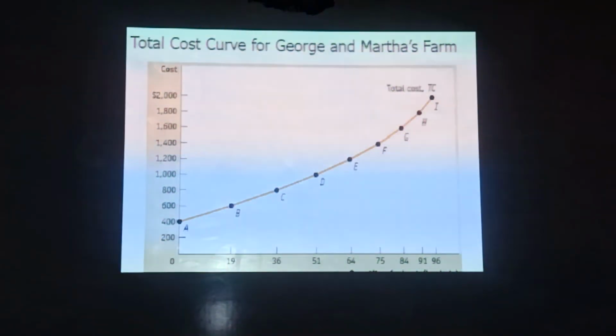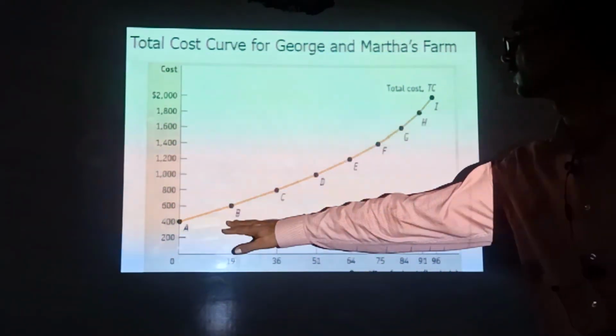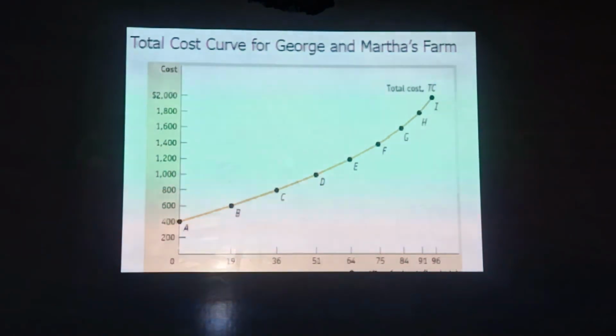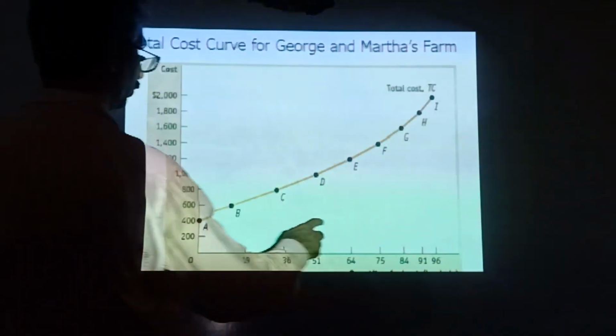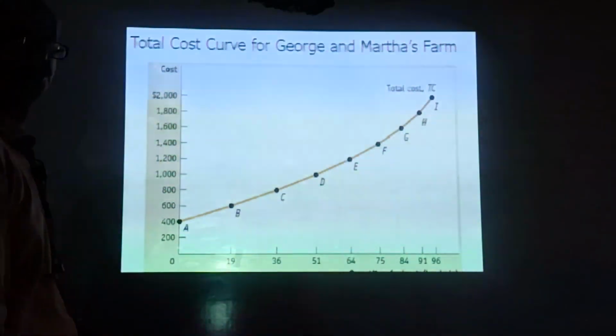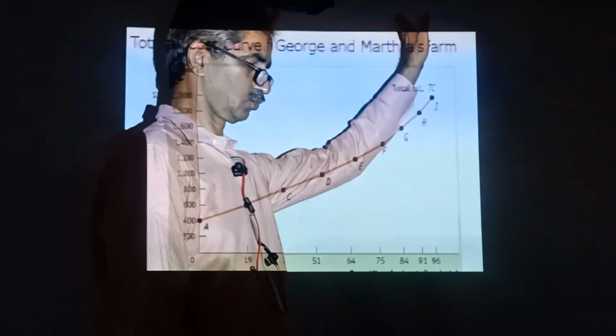And the total cost curve for George and Martha's farm. You can see that the more workers we are adding, the quantity of bushels is written horizontally and the cost is written vertically. The more bushels you produce, the more the total cost is increasing, but it is just rising.